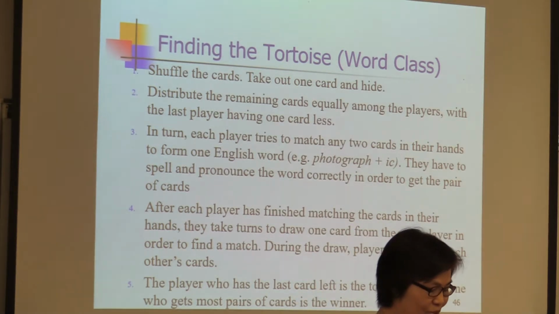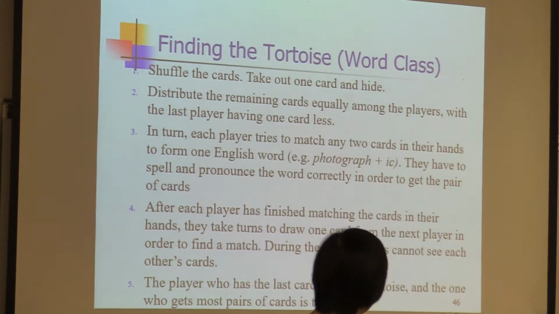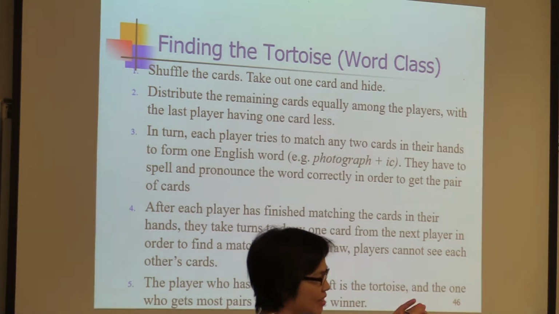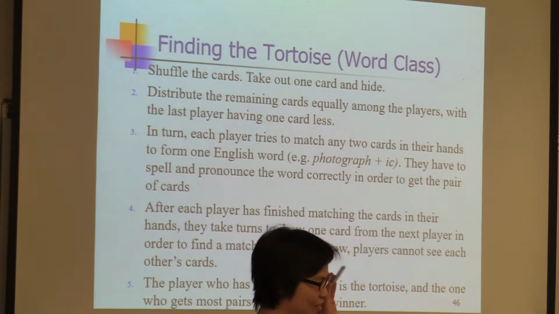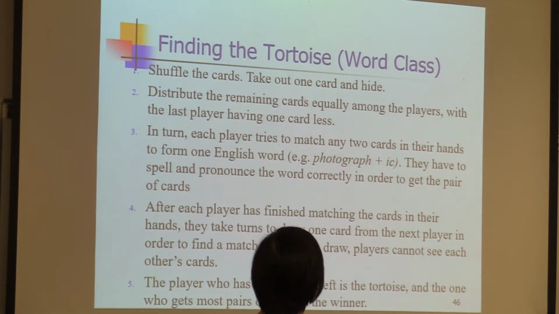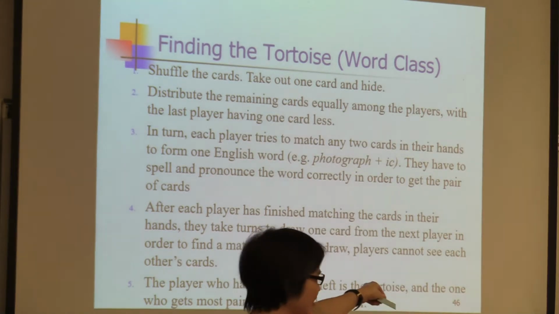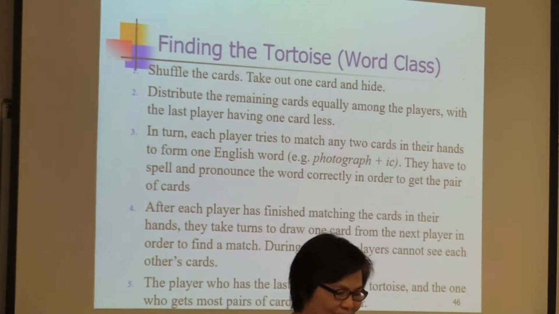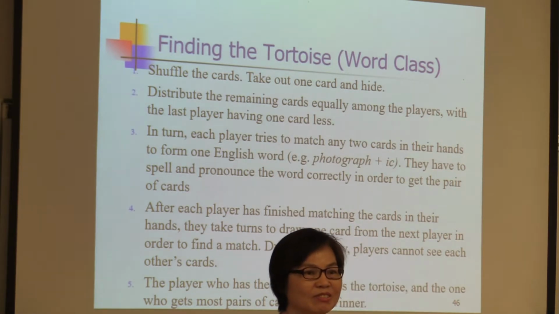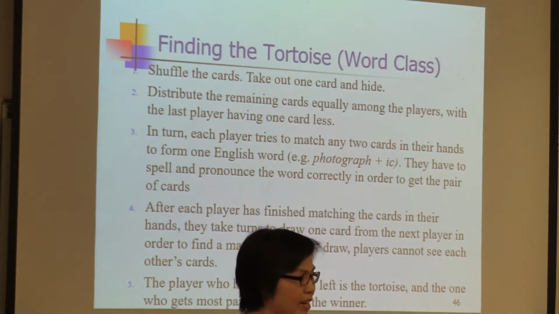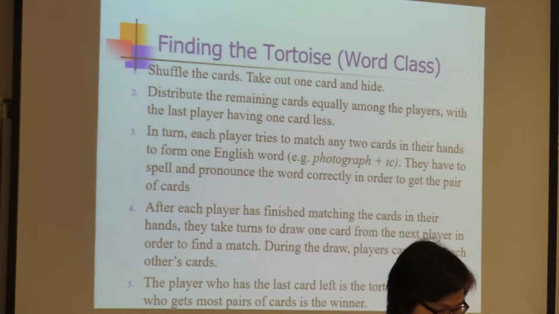And so, first of all, you shuffle the cards. I'm left-handed, so when I shuffle cards, I have to do it with my left hand. Then take out one card, that's the tortoise, and hide it. Don't look at that. No one can look at that. So you play in groups, maybe in groups of 4. Then distribute the remaining cards equally.